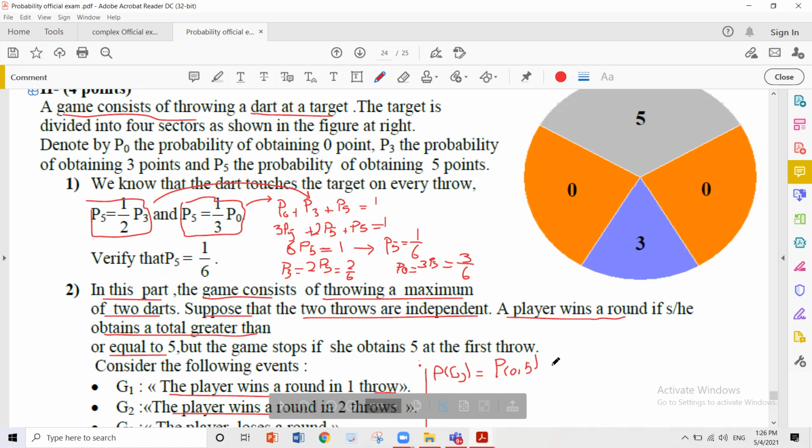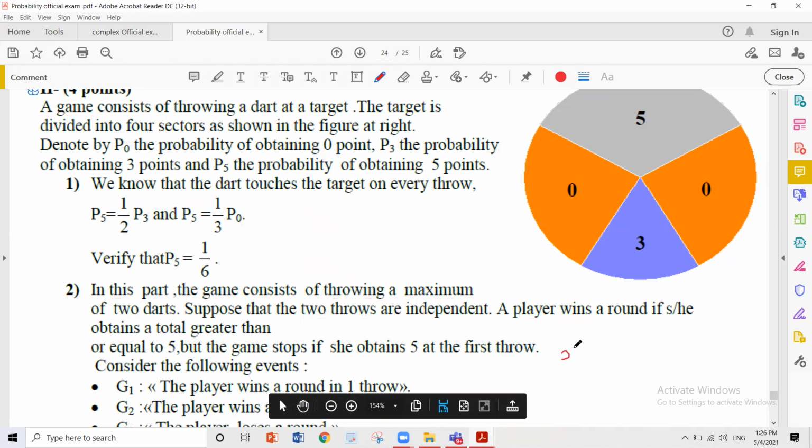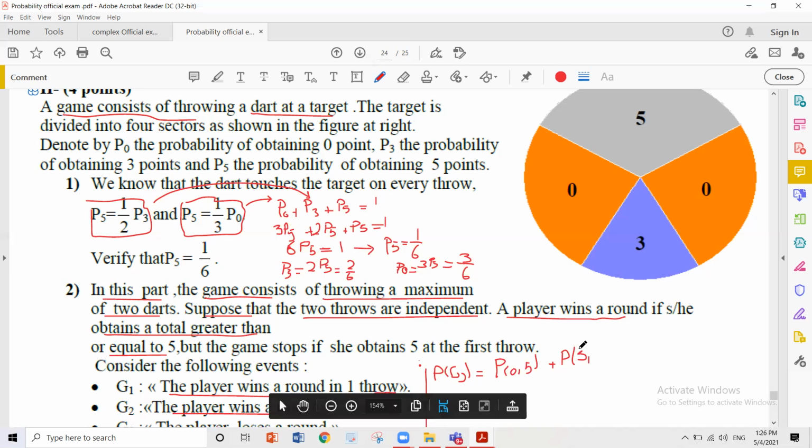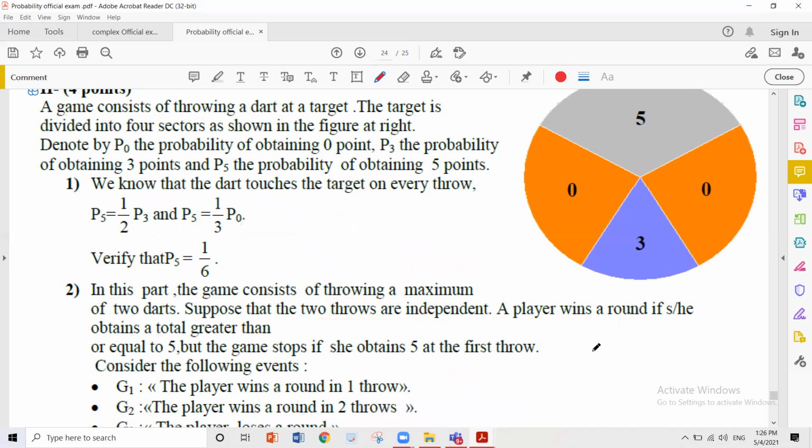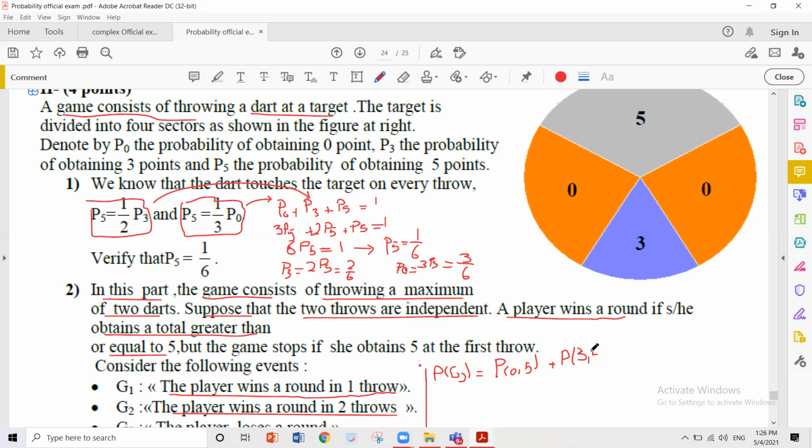غيره أو first throw 3. The second throw is how much? 3 أو 5.